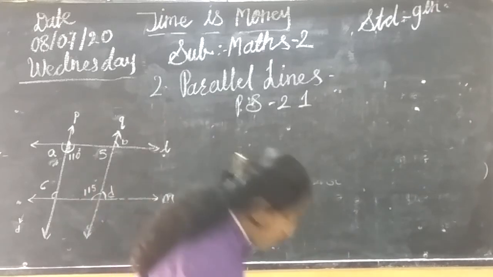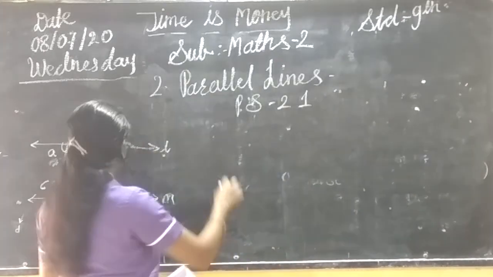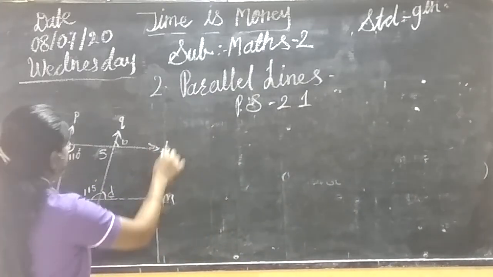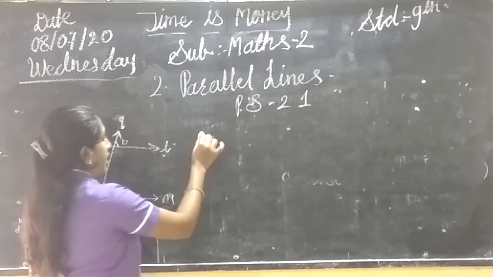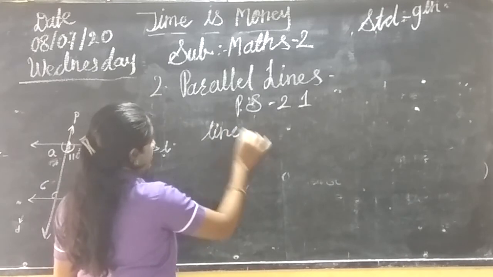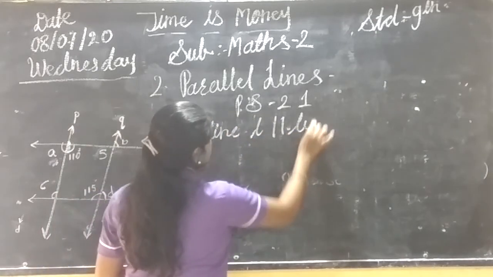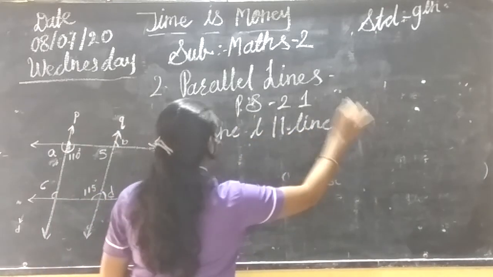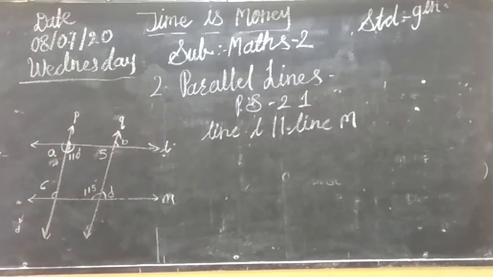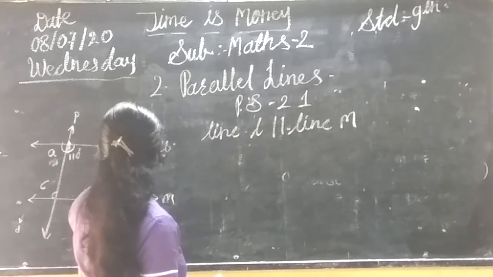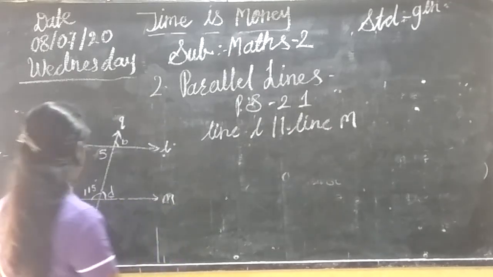This is the second, about B. First, what do we have to write? Line L parallel to line N, and P and Q, or Q, is the transversal. About which angle you have to search, that line you have to show as the transversal line.